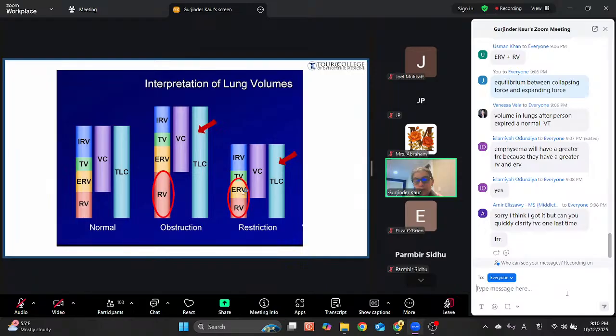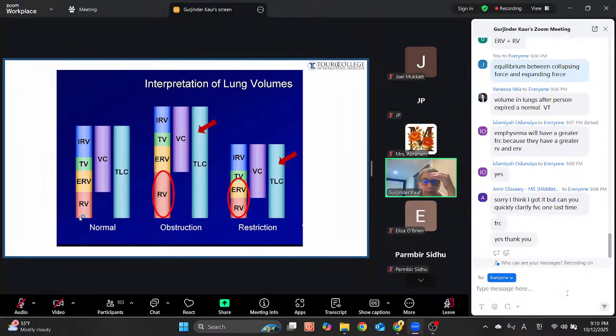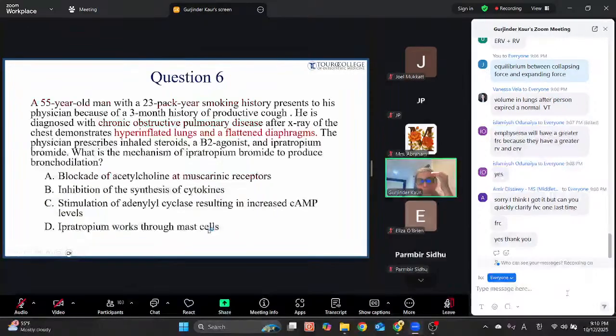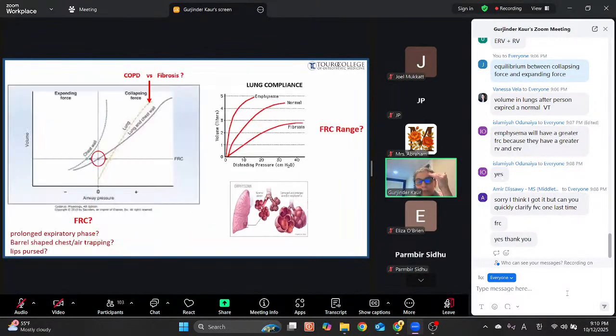And if you go to the restrictive disease, you have lower RV and ERV, so your FRC is reduced here. Make sense? Amir? Okay. All right. Let's move forward.